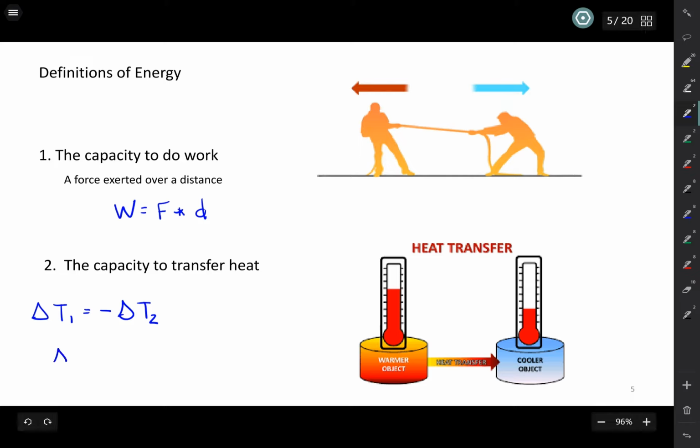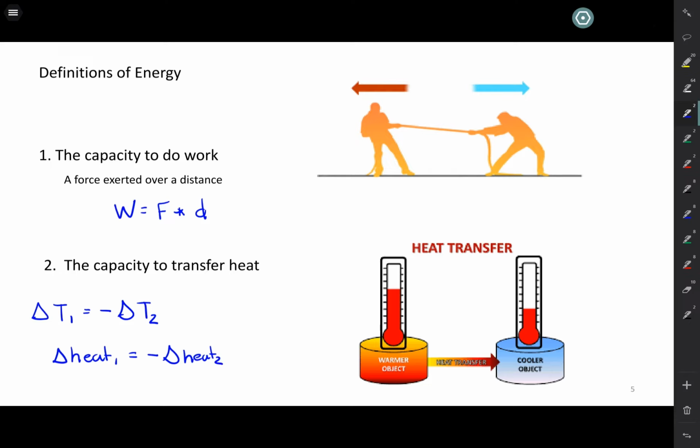So in order to write this a little more correctly, we would have delta, again change, in heat of subject 1 is equal to the change, but the opposite magnitude, of heat in the second piece, whatever that is.